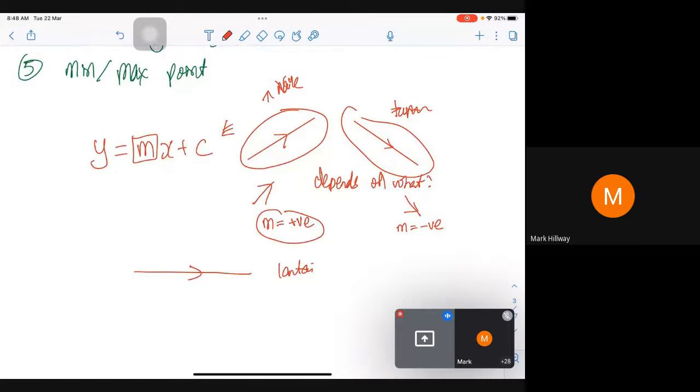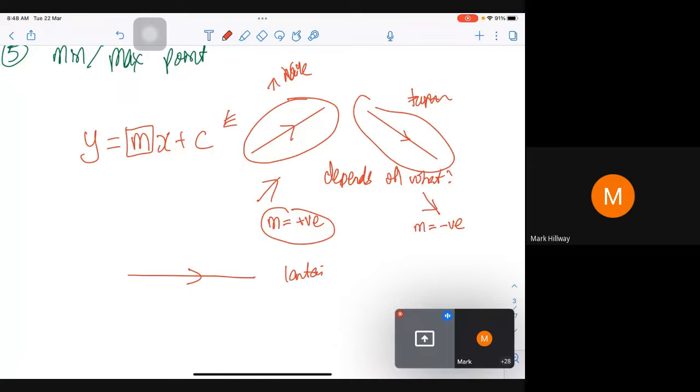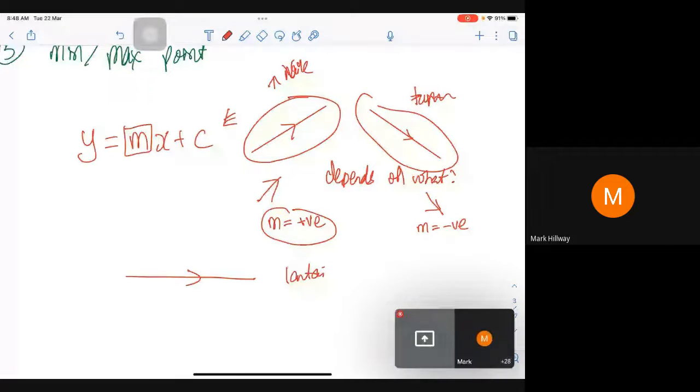Mark? No. So if no, then what is the gradient for this one? Since we say we're going up the staircase, the gradient is positive. If going down, the gradient is negative. How if you walk on the land? Zero.